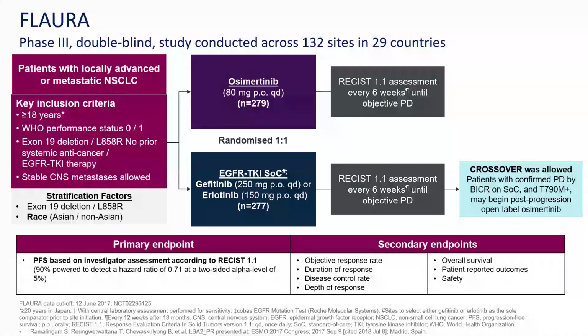The stratification is based on exon 19 versus 21 and race. The comparison is osimertinib versus gefitinib or erlotinib, the first generation TKIs. The primary endpoint is PFS as expected, and secondary endpoints are objective response rate, duration of response, and OS. When a patient progressed on the first generation TKI, crossover was allowed if the patient had a T790M mutation post progression.